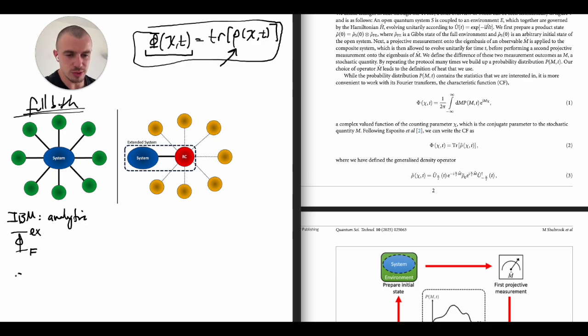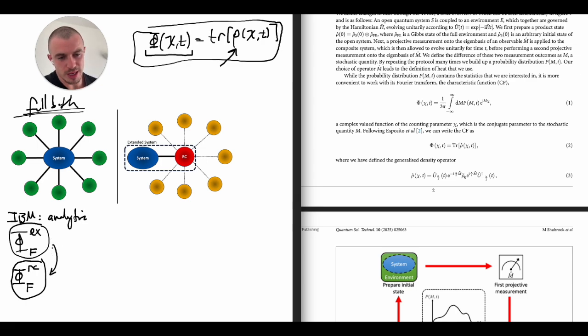So alternatively, we can use our heat counting reaction coordinate master equation to calculate those same statistics, but using our approximate master equation. Now the reason that we do this is because our approximate master equation is more general than these exact dynamics, because these exact dynamics only work for the independent boson model, and they also only work for the full bath definition of heat.